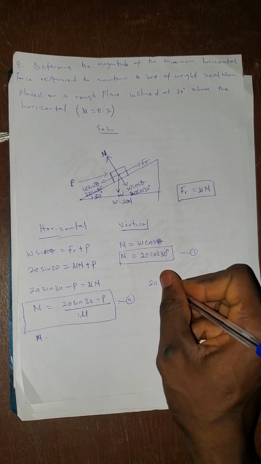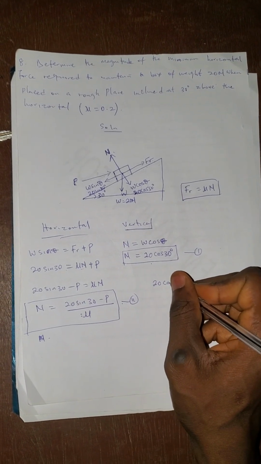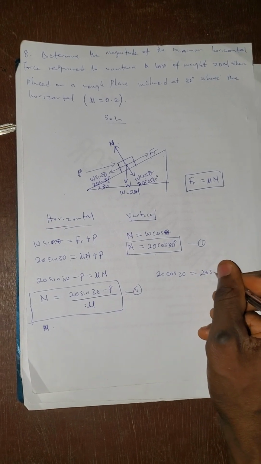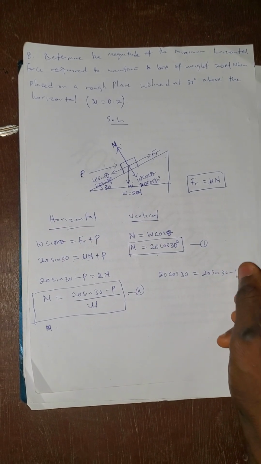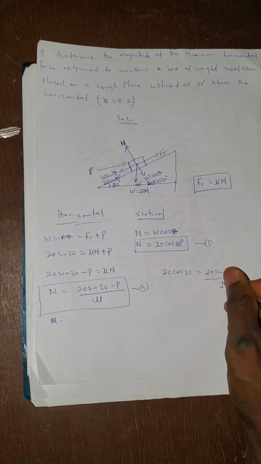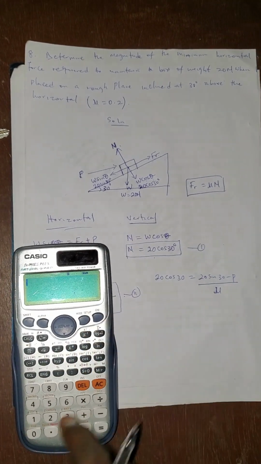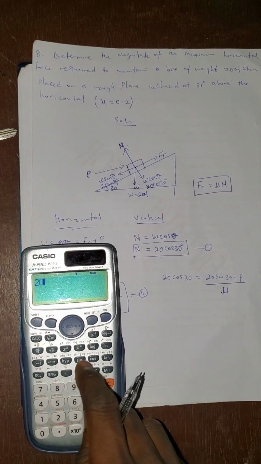So we have 20 cos 30 will now be equal to 20 sin 30 minus P all over the coefficient of friction. So what is 20 cos 30?